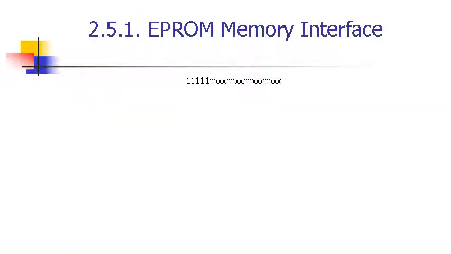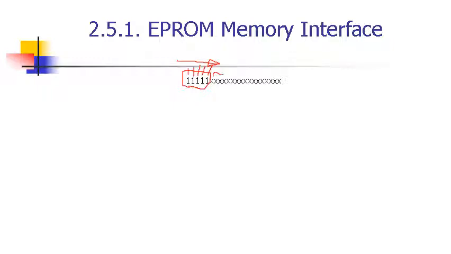Okay, and here you are. These are your first ones, A19, A18, A17, 16, and 15. A19 through A15 are all and always made ones.